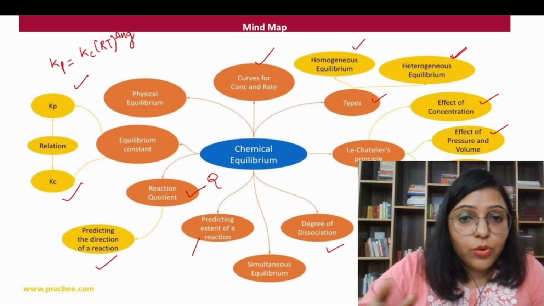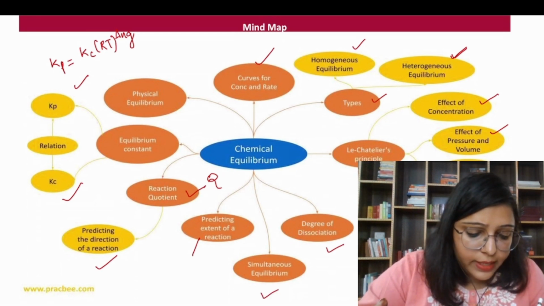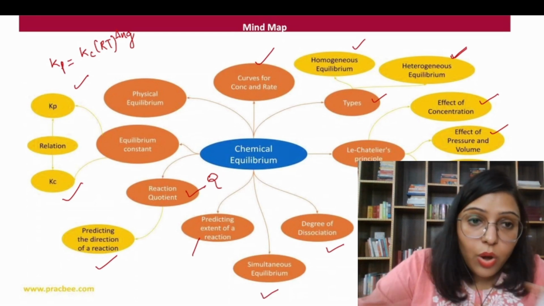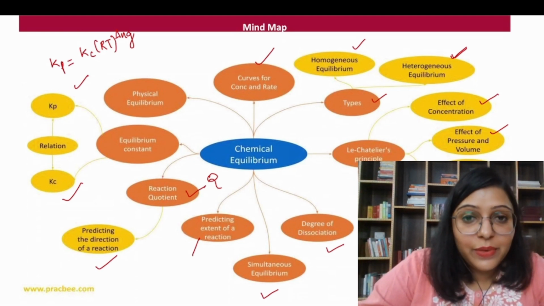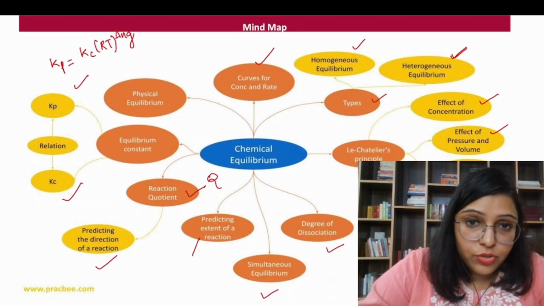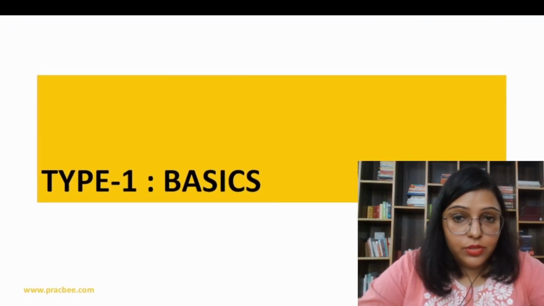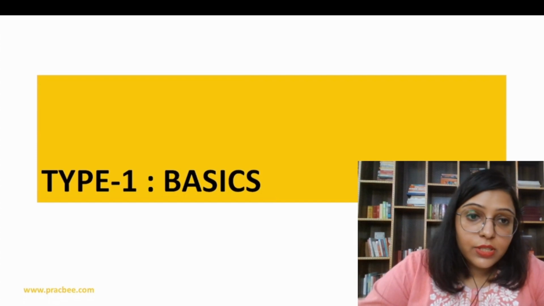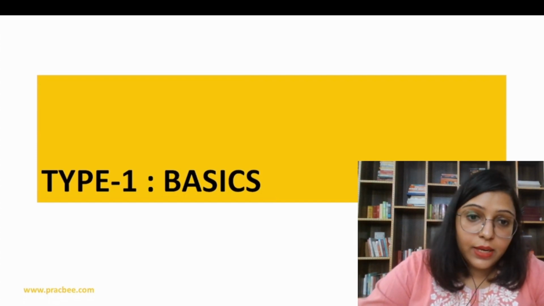In the last, we are going to discuss some questions related to simultaneous equilibrium. So that's all we have to study in chemical equilibrium, right? Before starting with the questions. So let's discuss the questions, right? So first I'm going to discuss the type 1 question, which is related to the basics of chemical equilibrium.